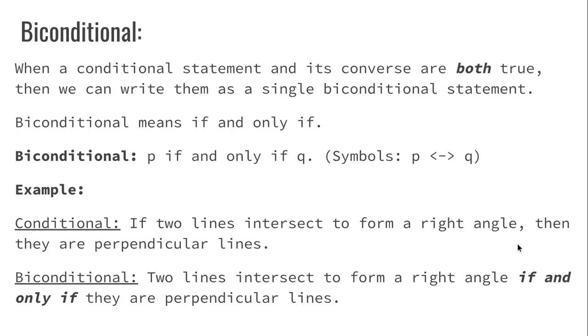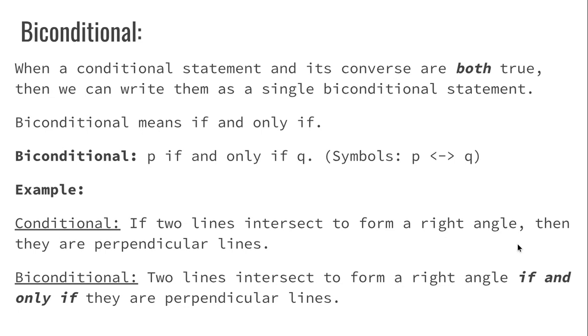Okay, biconditional. There's a lot on this screen, so let's go ahead and get through this. When a conditional statement and its converse are both true, then we can write them as a single biconditional statement. Biconditional means if and only if. So biconditional: P if and only if Q. For example, my conditional statement is if two lines intersect to form a right angle, then they are perpendicular lines.